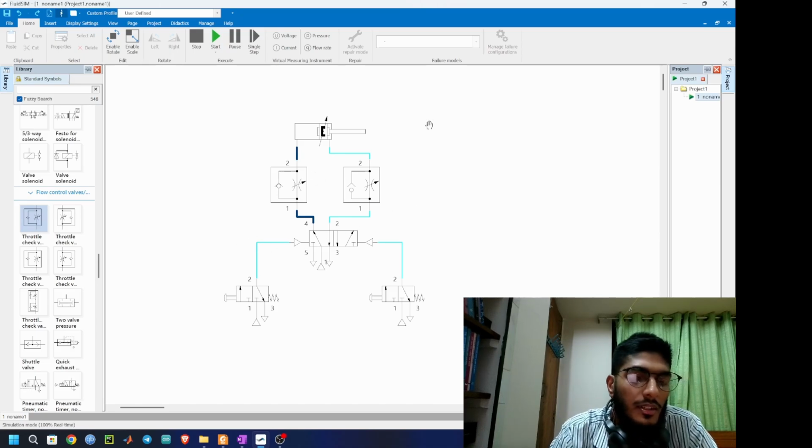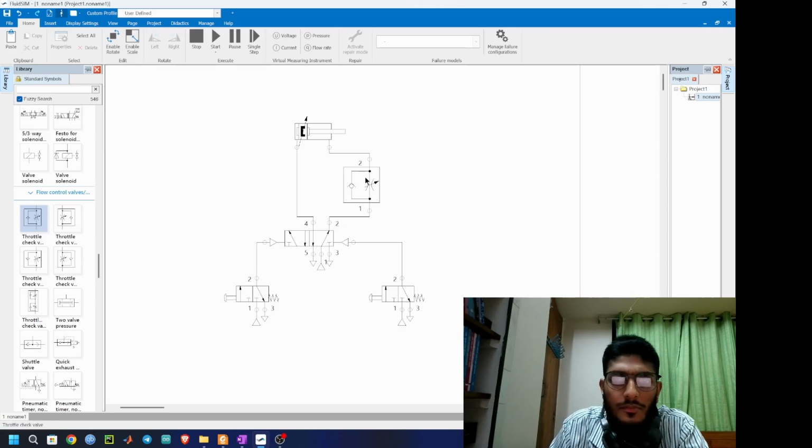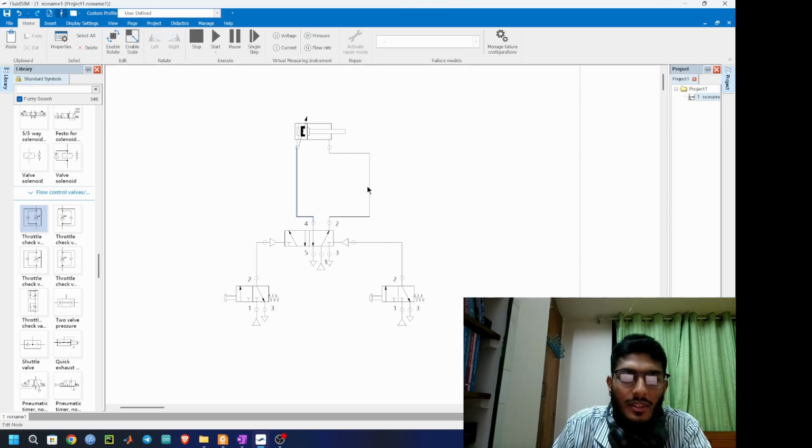But if I make another circuit where I control the outflow from the cylinder, that circuit will be called a meter out circuit. So let's do that. Here, let's delete these too. Also, I can do it with this flow control valve, but I have a better thing here.